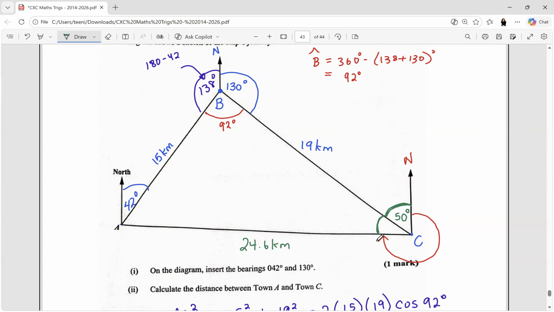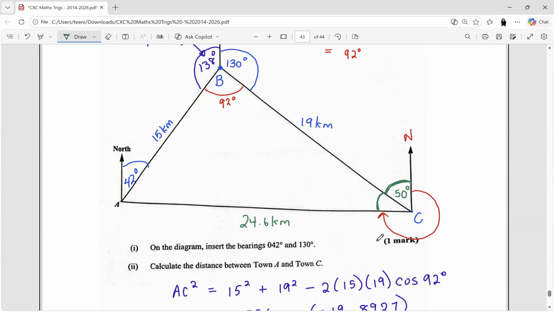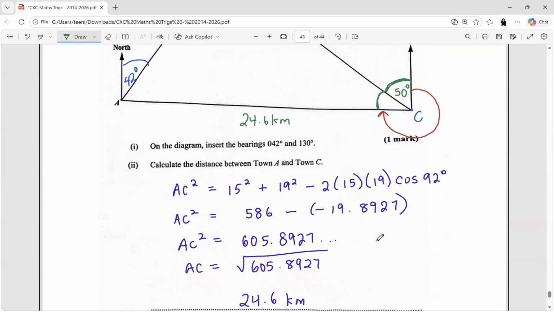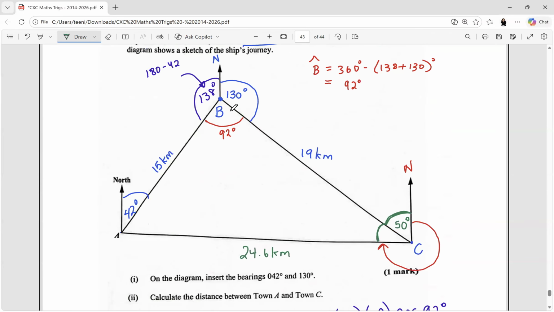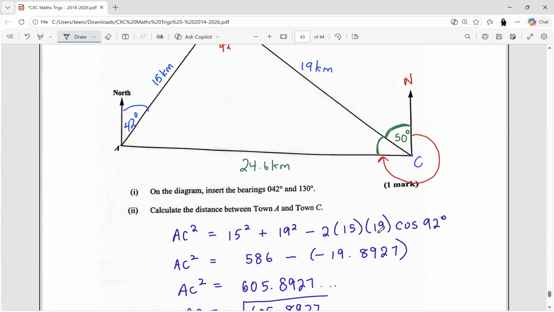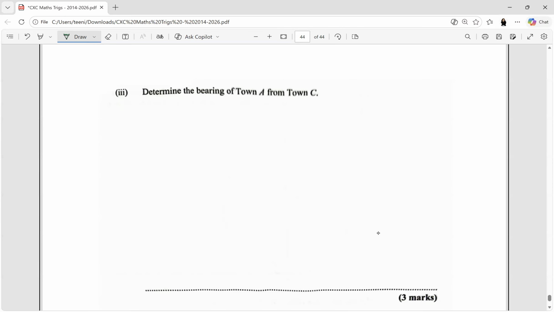So using the sine rule, let me just show you guys. Remember the sine rule is side B over sine of B is equal to, in this case, side C over sine of angle C, because that's what I want to find. I'm going to just draw over the diagram right here for you, not drawn to scale or anything.